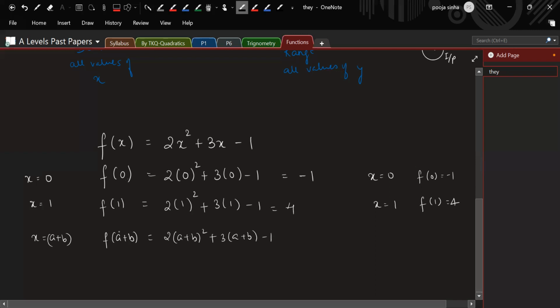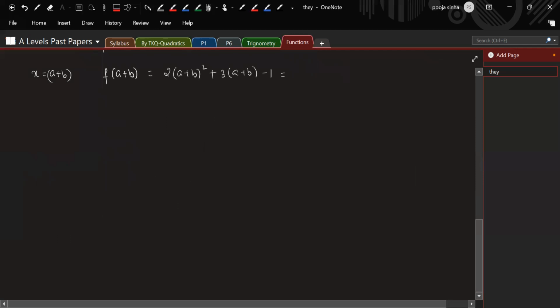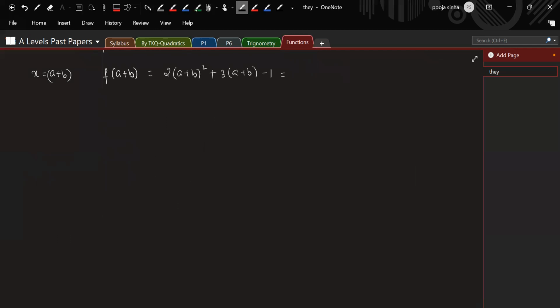Then accordingly you will put the identity and figure out the answer for f(a plus b). So you understood, it doesn't matter whatever I'm inputting, accordingly I will get an output, correct? So that's not a problem. Understood this much? Right, okay. Next we will try to understand what is the inverse of a function.